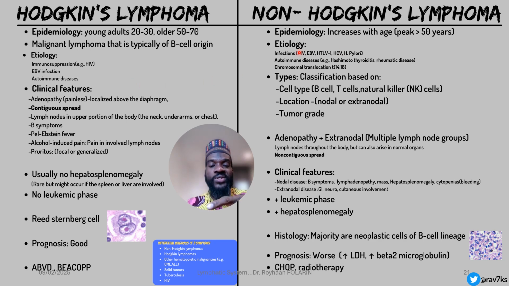In the case of non-Hodgkin lymphoma, it could be caused by HIV as well, the Epstein-Barr virus, the human T-cell leukemia virus, that's HTLV-1, and hepatitis C, Helicobacter pylori, amongst others. So there are quite a number of variations between them in terms of etiology, the clinical features, the leukemic phase, the Reed-Sternberg cell, amongst others.